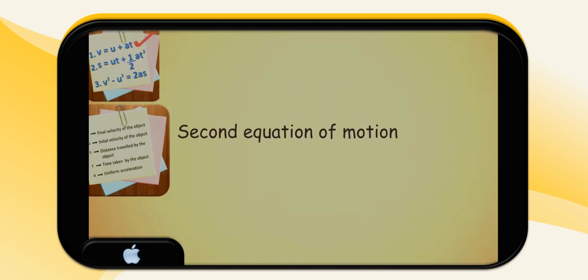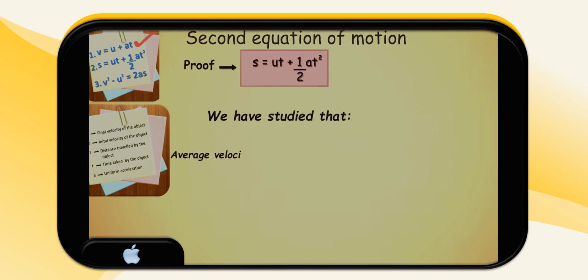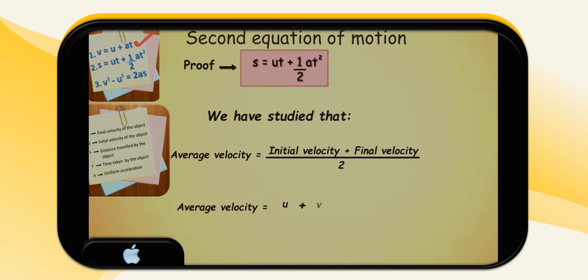Now let's start with the second equation of motion. How do we prove that s = ut + half at square? We have studied that average velocity is equal to initial velocity plus final velocity upon 2. That means average velocity = (u + v)/2.